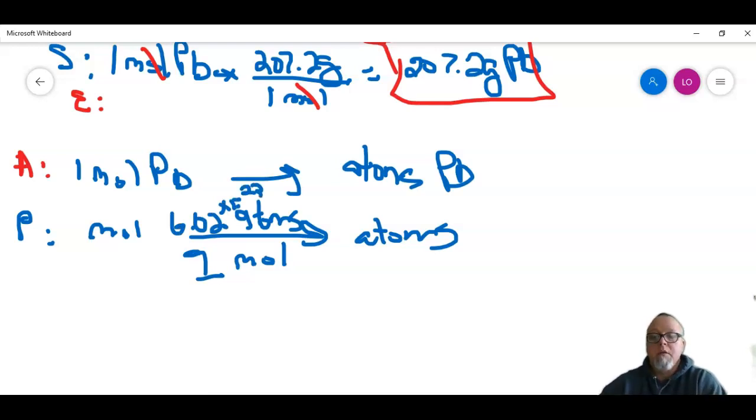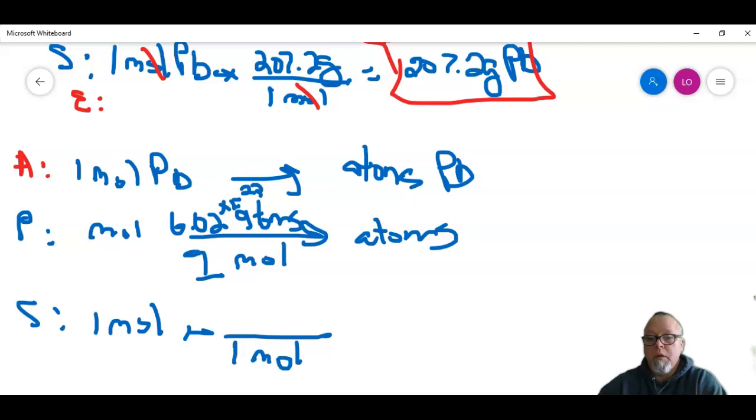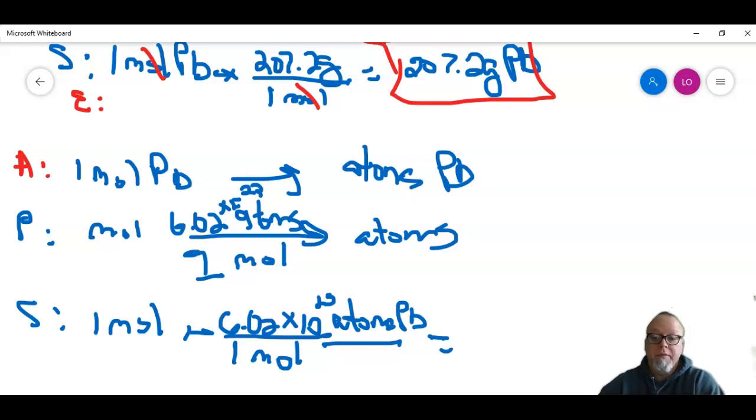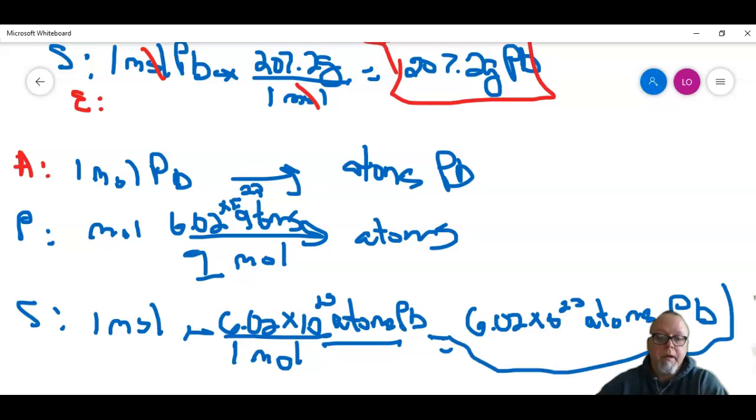Correct? So we solve this by having 1 mole times our equality, which is 1 mole under 6.02 times 10 to the 23rd atoms of lead, Pb. And that equals 1 times 6.02 times 10 to the 23rd divided by 1, which simply equals 6.02 times 10 to the 23rd atoms of lead. And we box that in.